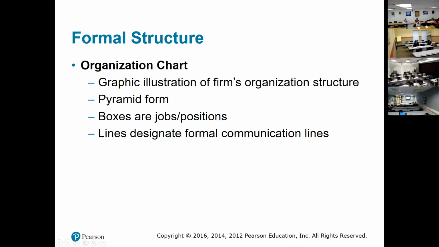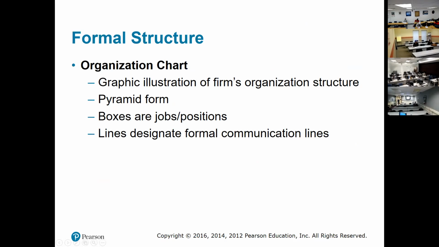The organization chart itself is a graphic illustration of the structure of the firm, typically in a pyramid form. You saw the one that we looked at in that short video, with the most high-ranking individual in the company at the top, then the people reporting to that person underneath, and then more people reporting to the other people underneath.